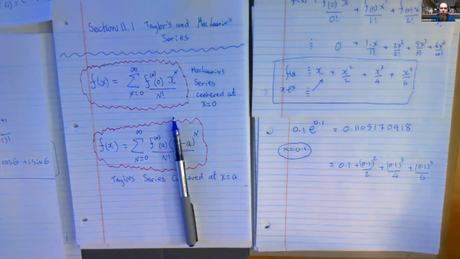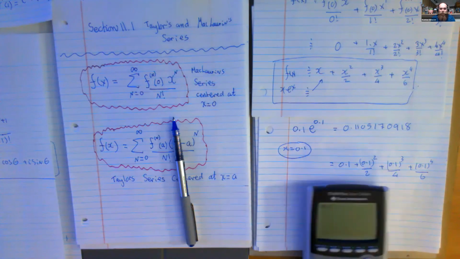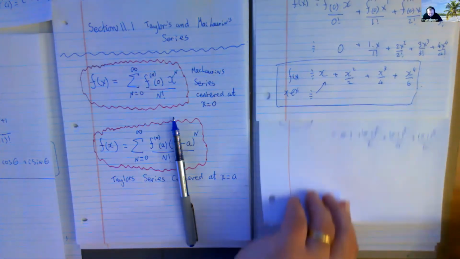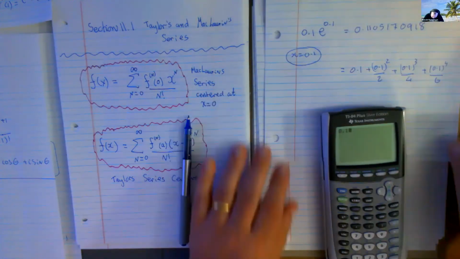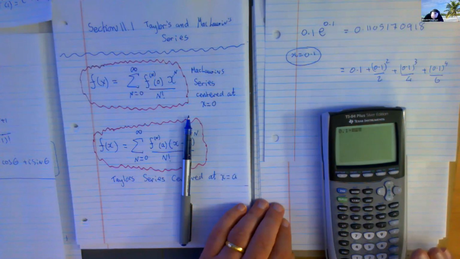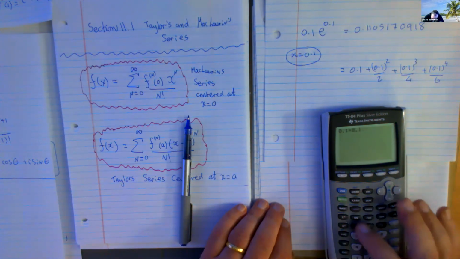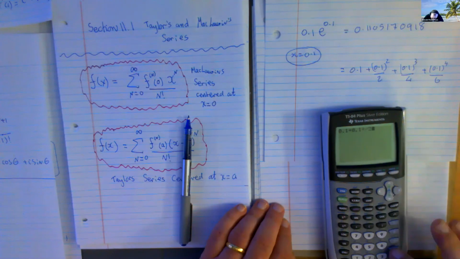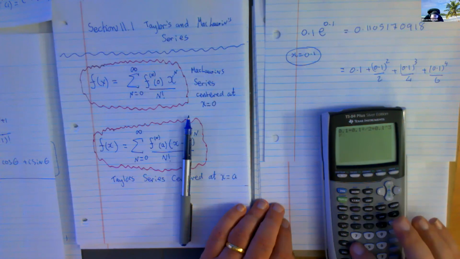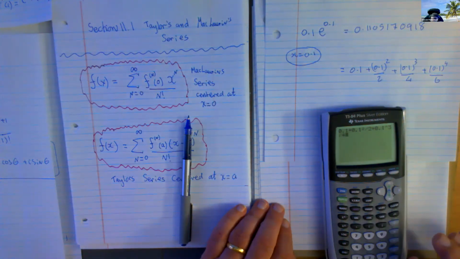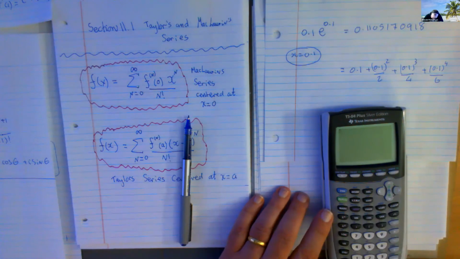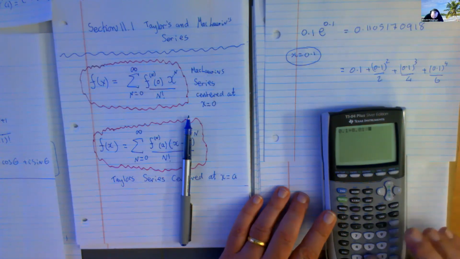So here goes. 0.1. Let me move this up a little bit so maybe you can see my calculations. 0.1 plus 0.1 squared divided by 2 plus 0.1 cubed divided by 4. Just notice something: 0.1 plus 0.01 divided by 2.